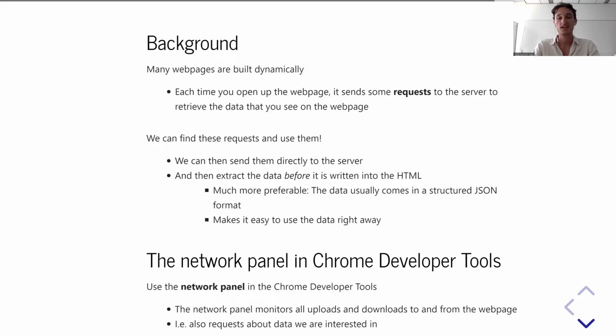And some of these requests actually have the data that we are interested in. So our job is to find the right request that requests the data that we want.